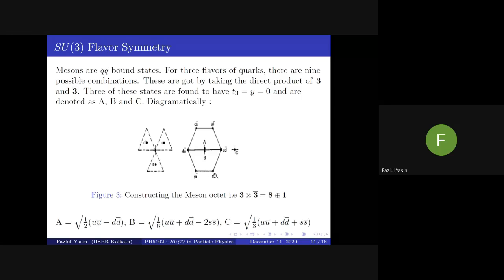Now, this octet is known as the meson octet, and it predicts that the various mesons exist as two isospin doublets, one with Y equals +1, one with Y equals -1, an isospin triplet, and a singlet with Y equals 0, and this unitary singlet C. Now, clearly diagrammatically, we can see that the direct product decomposes as 8 plus 1, which is what Sharika also showed yesterday, consistent with what Sharika showed yesterday using the Young tableaus too.